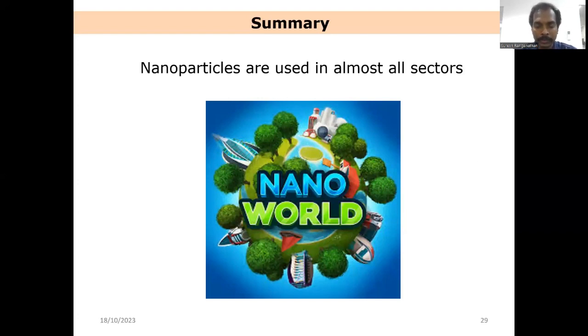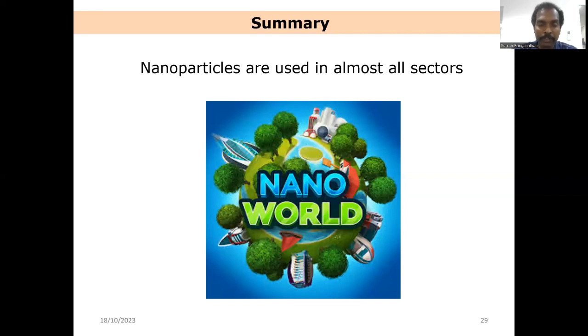Now, I want to conclude this lecture. So far, we have discussed that nanoparticles can be synthesized by different methods, like the precipitation method, hydrothermal method, thermal decomposition method, and hydrolysis method. The properties of nanoparticles are entirely different from their bulk state.